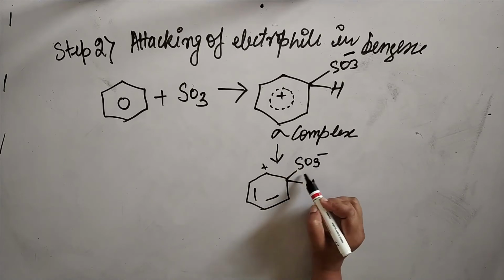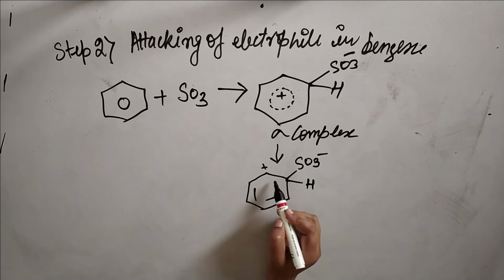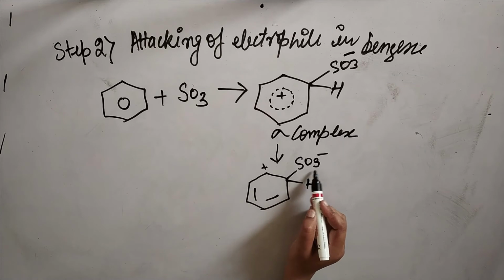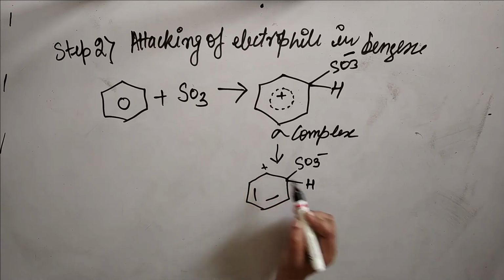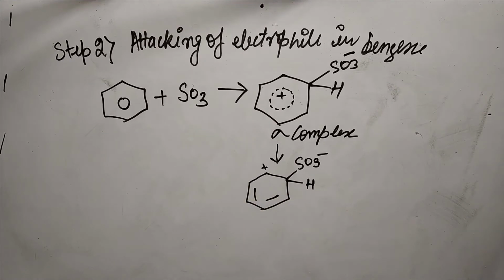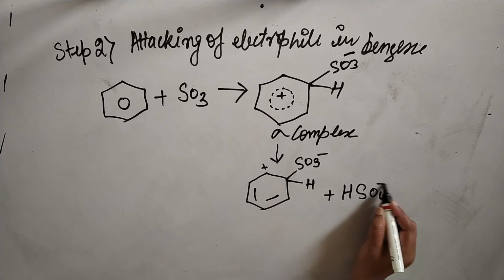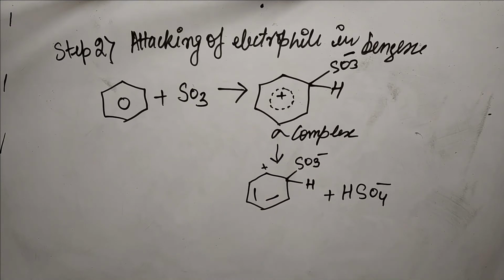So the SO3 will get a negative charge because the bond which is present here will break and the electrons will be taken by this SO3. So it will acquire the positive charge and it will acquire the negative charge, and here at this position positive charge will appear because of the electron deficiency. And now this structure again reacts with HSO4 minus, which was produced in the first step where the generation of electrophile takes place.